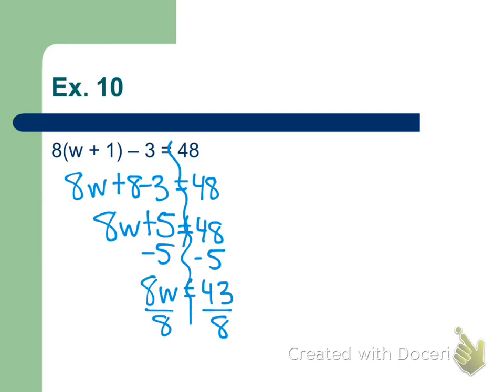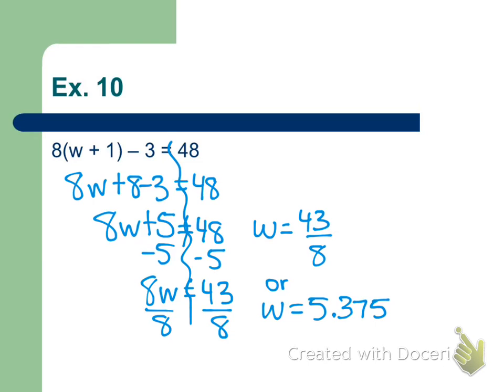Okay, so that doesn't come out very nice, right? What did we get? 5.375. Yep, you can leave it as 43 over 8 or 5.375. Don't round off your decimal. So if you're using a decimal, you got to give me the whole thing. So I would prefer this top one, but if you gave me the bottom one, it's not wrong.